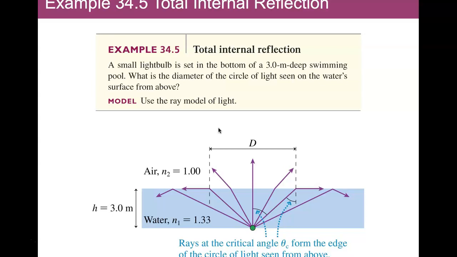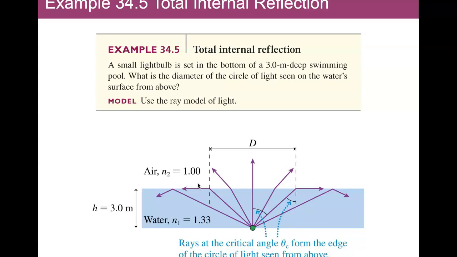To find the diameter, we need to find that critical angle, theta c, for which the refracted ray is just parallel to the interface. The angle theta 2 is 90 degrees.